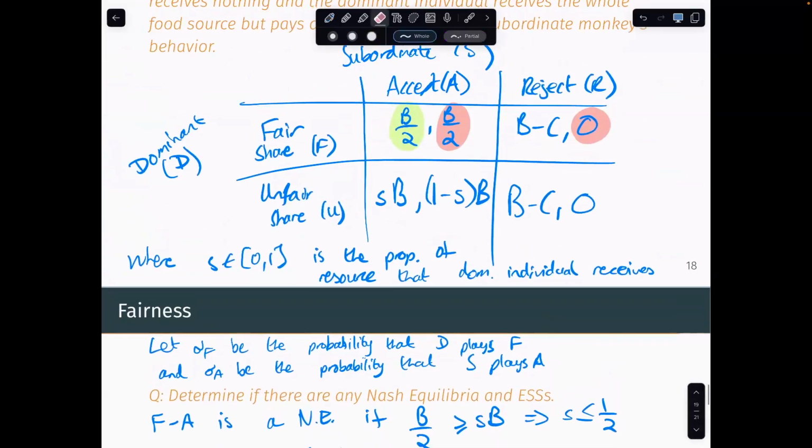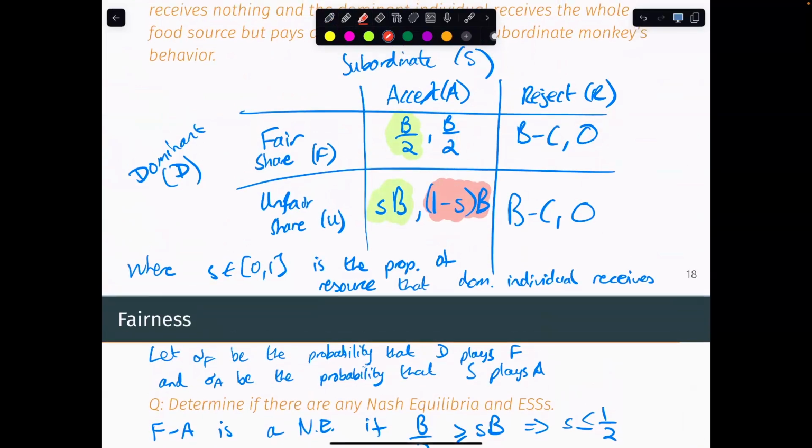In other words, if as a dominant individual I offer an unfair share, if SB is greater than or equal to B over 2, then there's no incentive for me to switch. As a subordinate individual, this payoff here of 1 minus S times by B is always greater than 0, so there's no incentive for me to switch.